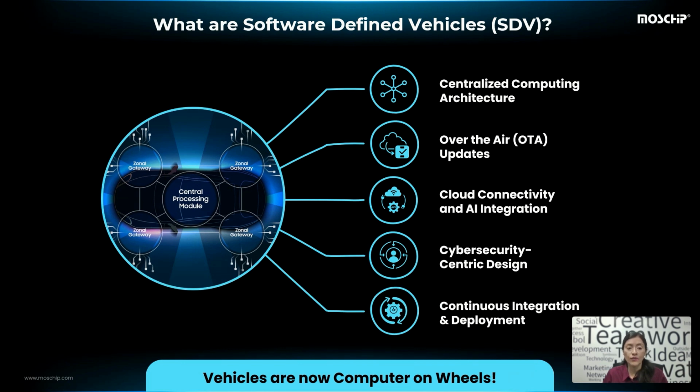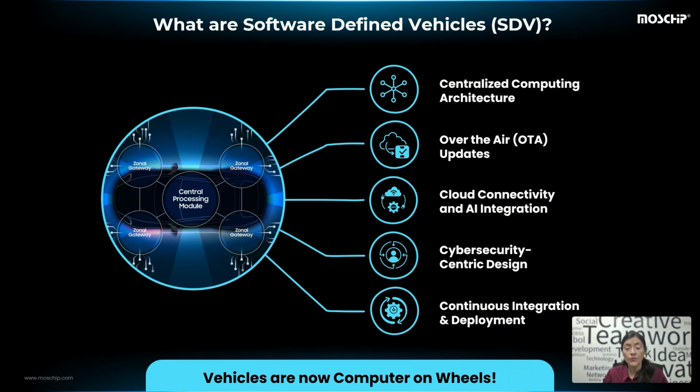Firstly, it has centralized computing architecture. Instead of relying on multiple ECUs, that is electronic control units, as in traditional vehicles, SDVs centralize computation in domain controllers or high performance compute platforms. It has over the air updates.